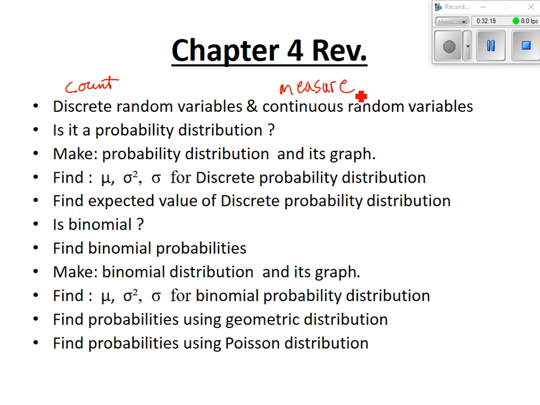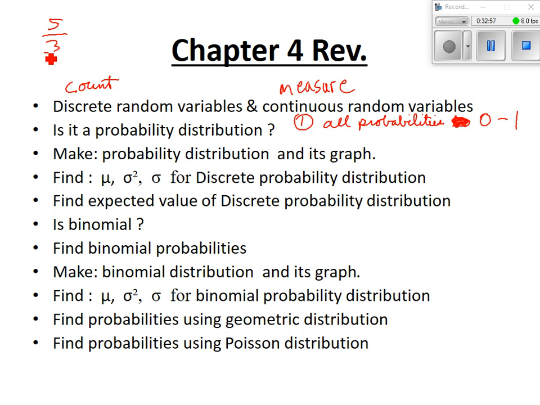Is it a probability distribution? Remember, to be a probability distribution, two things have to be true. All probabilities have to be 0 to 1. So if I told you this was our probability, 5/3, what would you tell me?